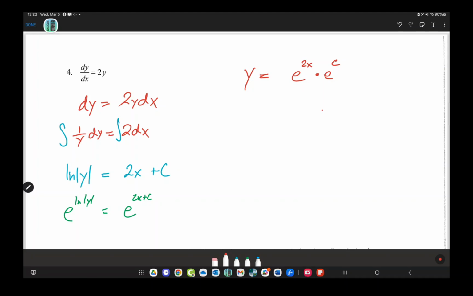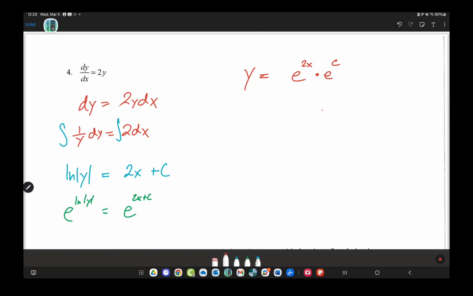Why can we do that? When you multiply exponential functions with the same base, you add the exponents. So you can also do that backwards: if you're adding exponents, you can make them have the same base and multiply. e is a constant.